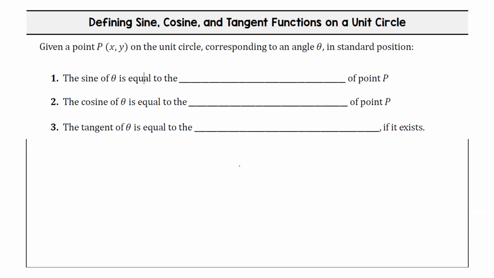The y. Perfect. My y coordinate. The cosine of theta is equal to your x coordinate. And your tangent is your y divided by your x.